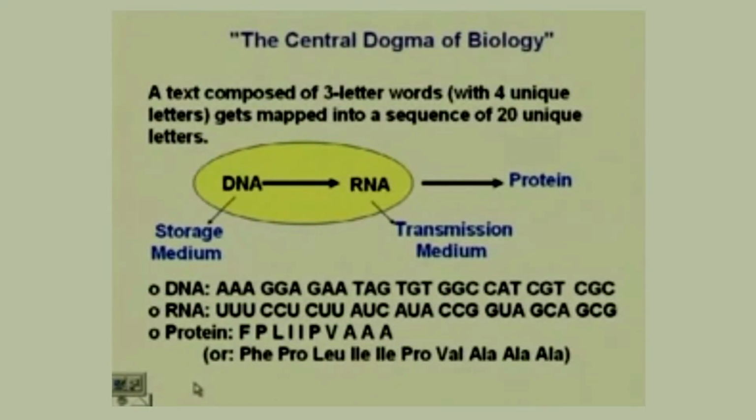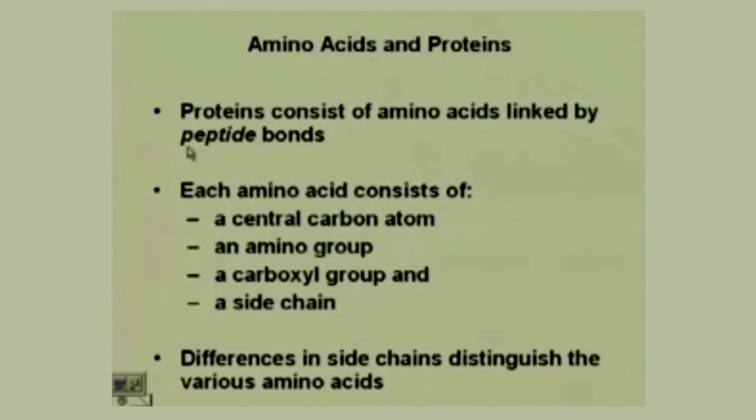The first thing that we try to understand here is the carbon atom. Now, if we consider what these proteins are actually made of, the proteins consist of amino acids that are linked by peptide bonds.